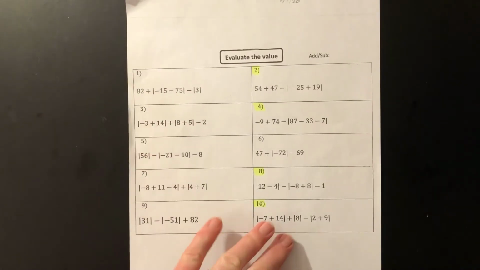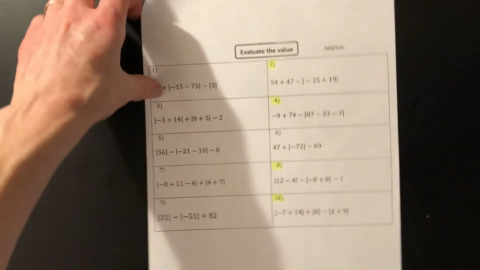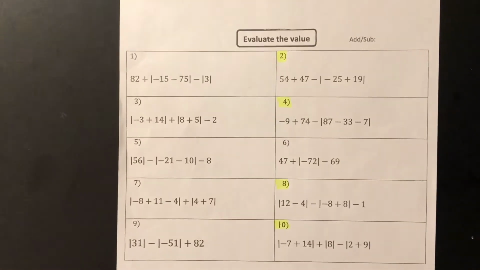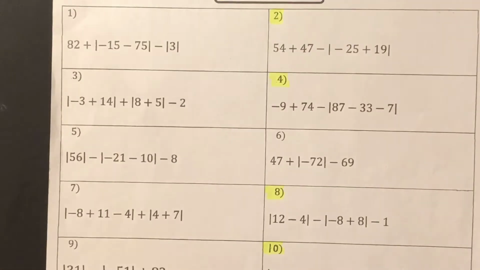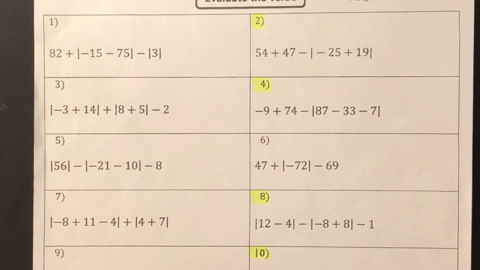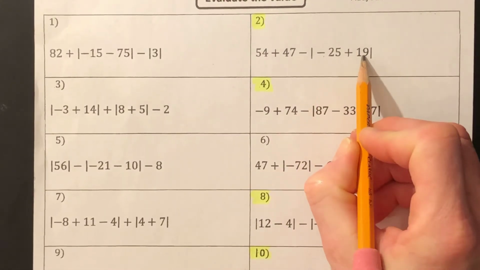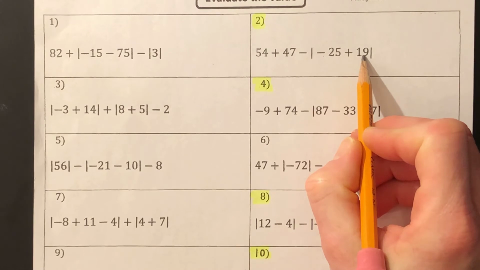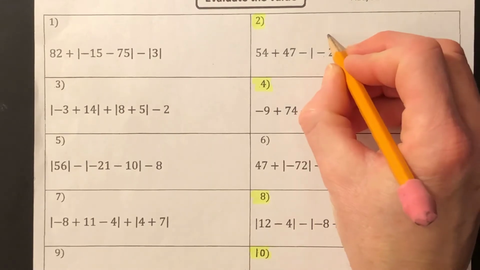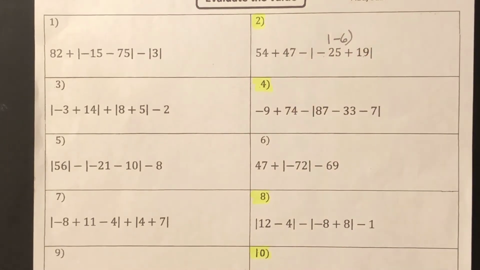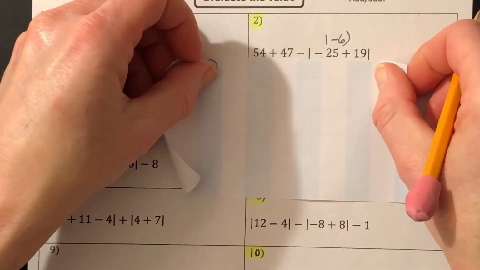This is more review. No fraction bars on this. Number 2, we start with the grouping. Negative 25 plus 19 is the absolute value of negative 6. I am going to get scrap paper to do this.